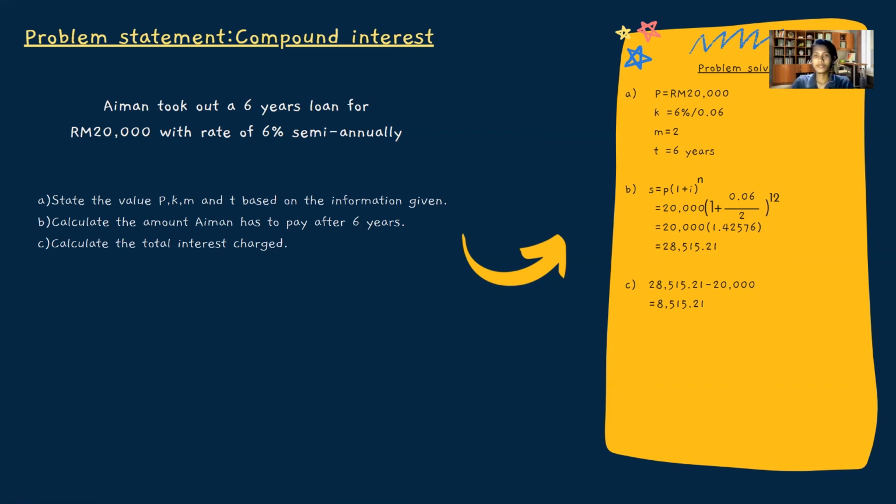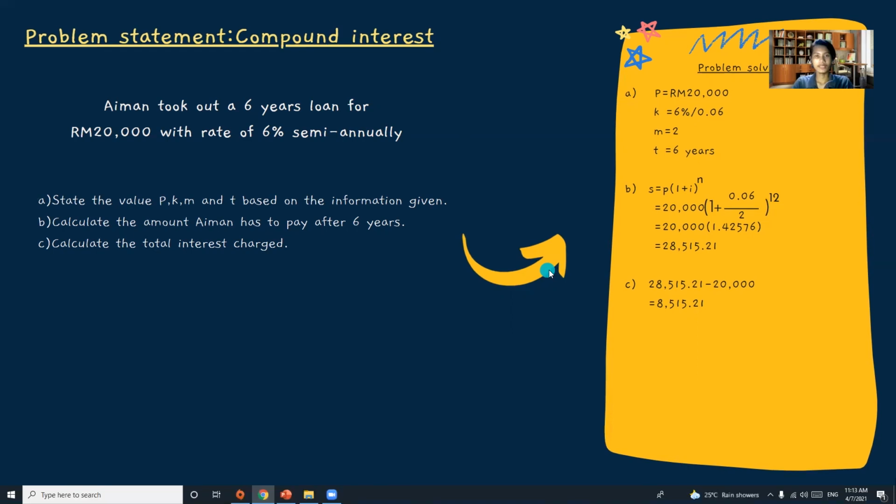Okay, the problem solving. A: P is RM 20,000. K is 6% or 0.06. M is 2. B: 20,000 times (1 + 0.06/2) to the power of 12, equal to 20,000 times 1.42576.